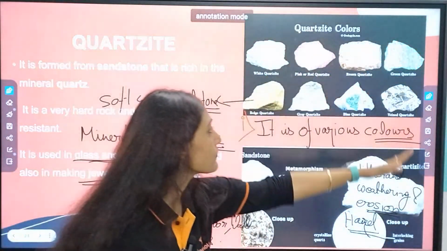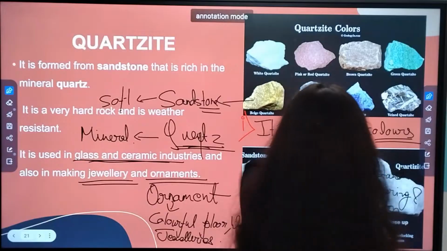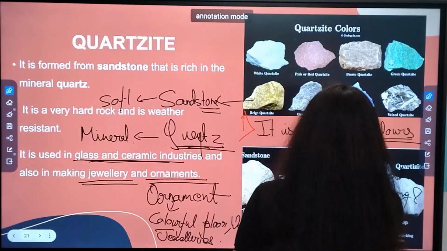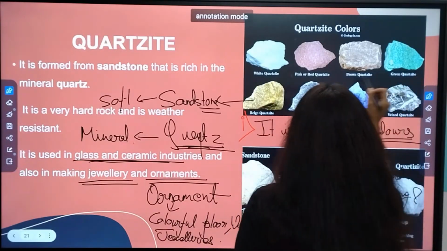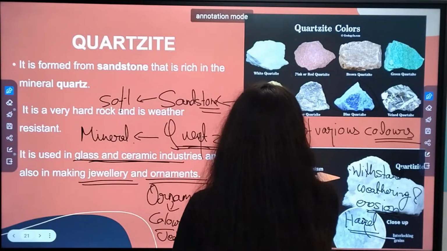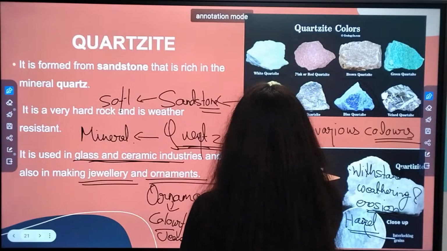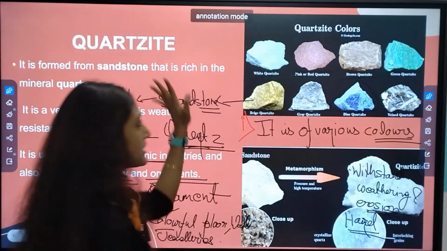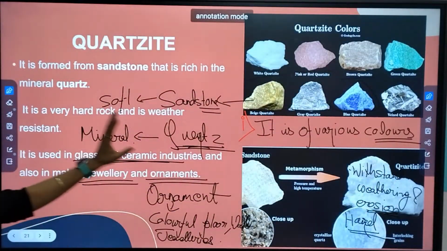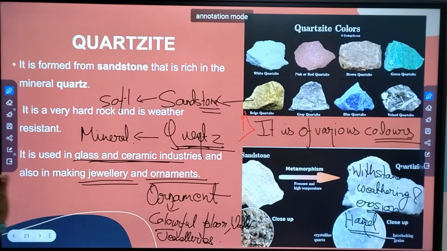Again, why? Because various types of colors are found. See, this is a beautiful blue color, this is green, this is pinkish, this is gray, this is brown, this is white. All these are polished and used in various kinds of fashionable materials. Okay.